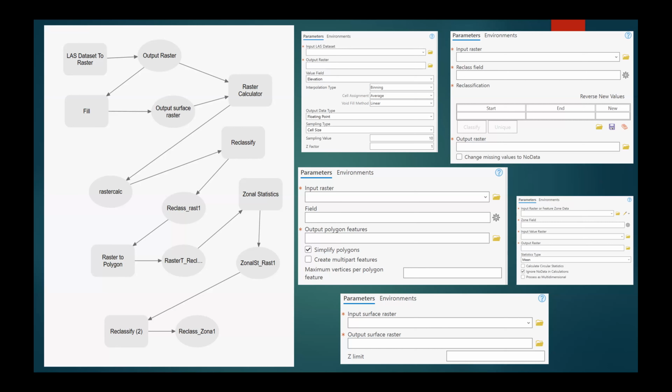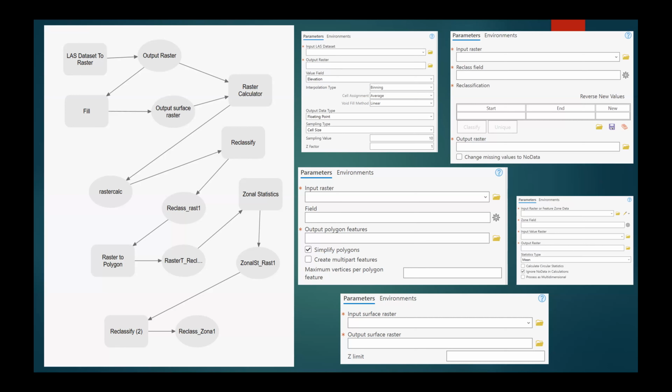This is the model builder flow of how to get that data into an end result that just shows archaeological site features with attribute data such as the maximum depth or average depth. And this is a fairly involved process.